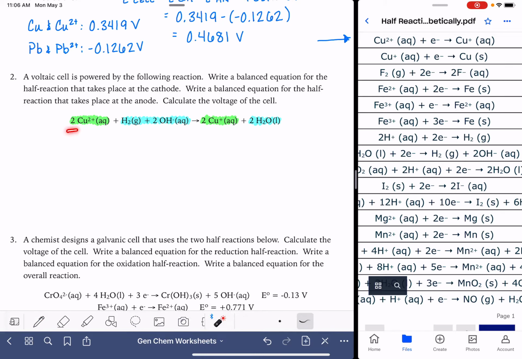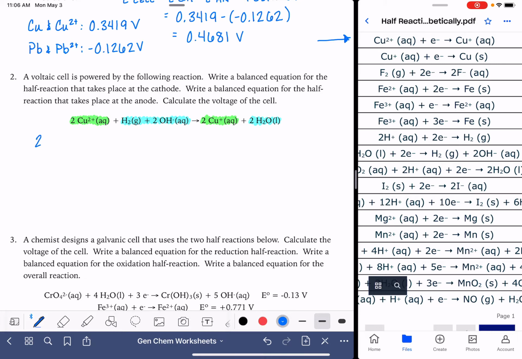It's not exactly the same as what we have in the overall equation that's provided to us. The stoichiometric coefficient is different, but that's okay. We totally know how to handle that. So I'm going to use this as my skeleton because it has the electrons written into it, but I'm going to modify this half reaction so that it matches up with the stoichiometric coefficients that I have in this overall equation. And that just simply means I'm going to take this half reaction here and multiply it by 2.